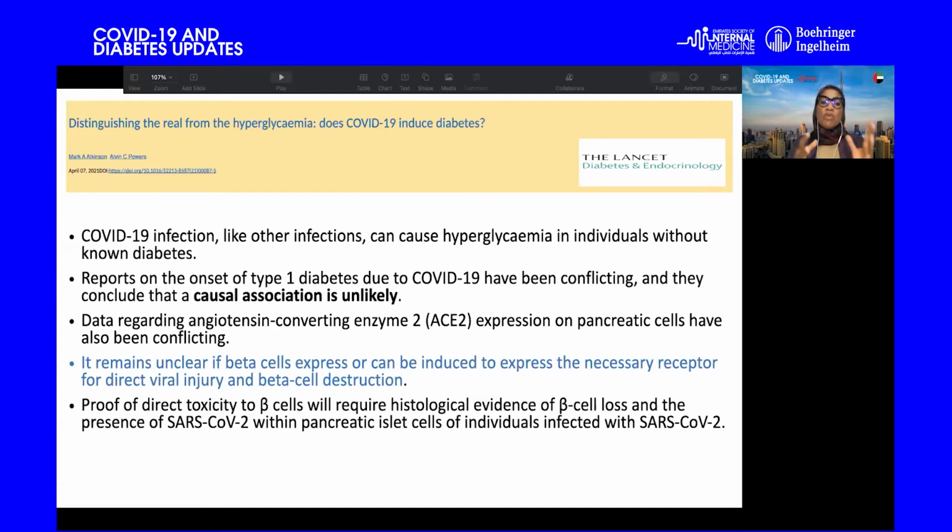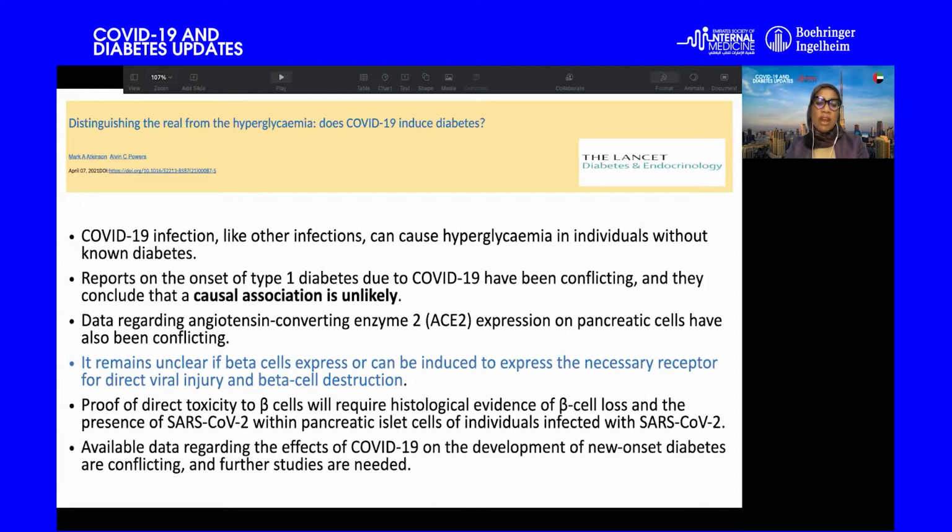Proving that there's direct toxicity to the beta cells will require histological evidence of beta cell loss and the presence of the virus within the pancreatic islet cells of individuals infected with the virus. So they conclude that the data available now on the effects of COVID-19 on the development of new onset diabetes are rather conflicting, and therefore further studies are needed.